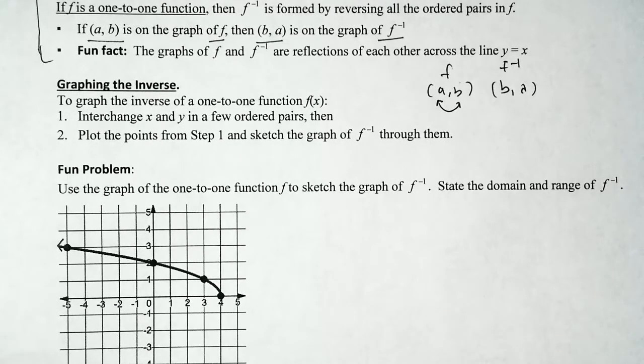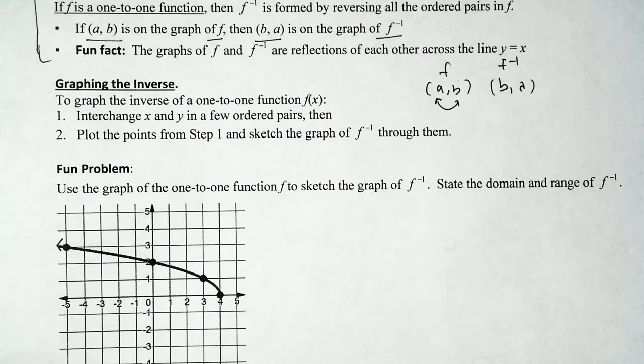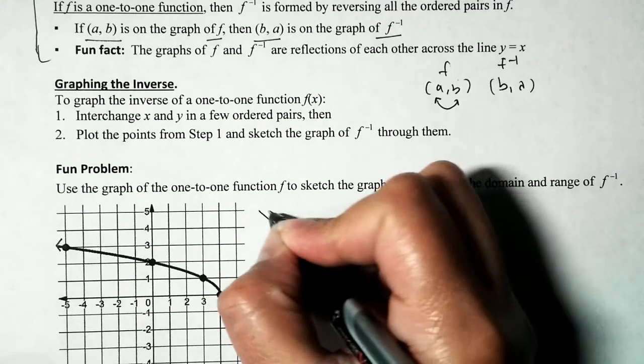Something I want to remind myself is that the graphs of f and its inverse are going to be reflections of one another across the line y equals x. So let me write that.